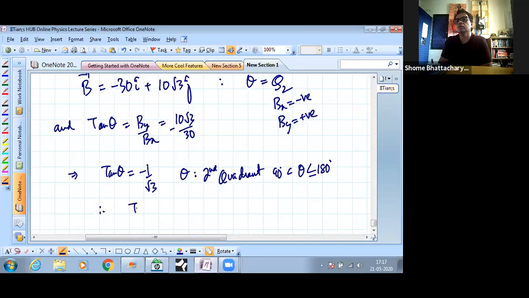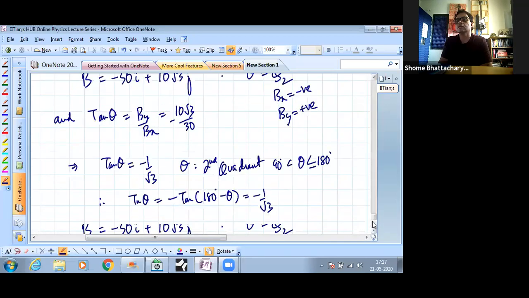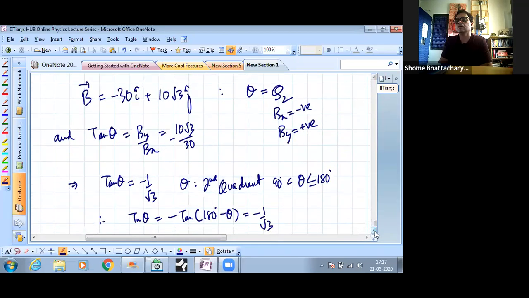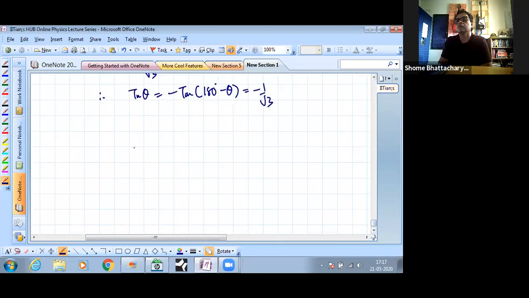So therefore tan of theta is minus of tan 180 minus theta, which is minus 1 by root 3. So that means tan of the supplement of this angle is 1 by root 3. That means 180 degrees minus theta is 30 degrees. So theta is 150 degrees.